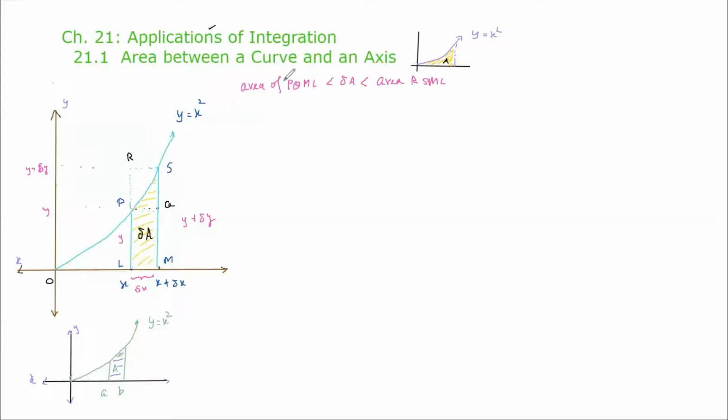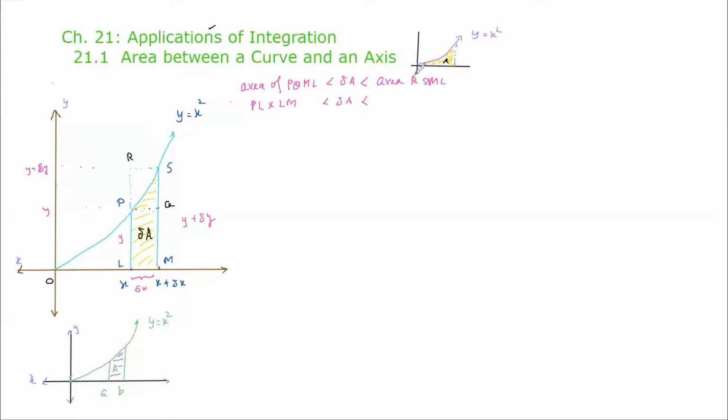Then the area of PQML, we can have what? The formula of rectangle area, right? So it becomes PL times LM. This is less than delta A, and this one is less than.